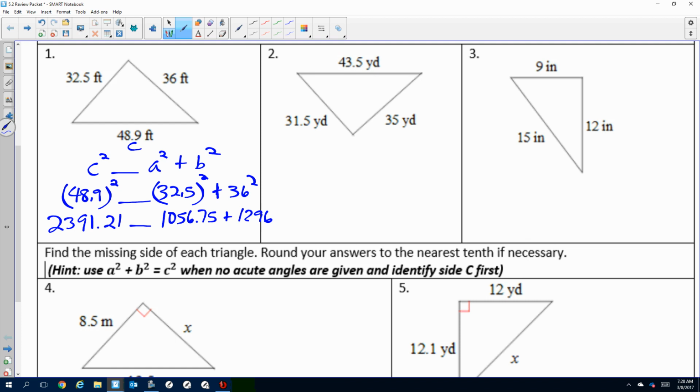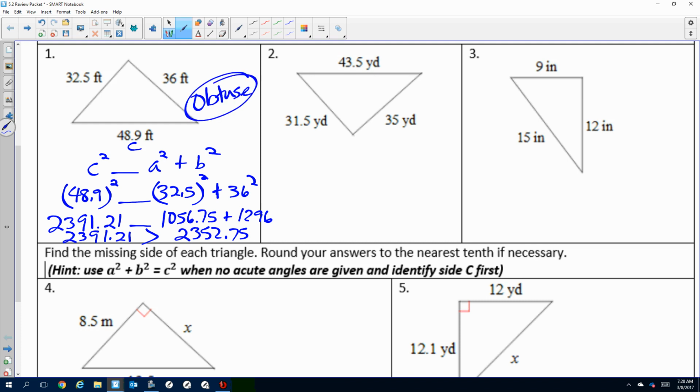If I add those together, this ends up being 2,352.75. Then I'm comparing that to what we had here, 2,391.21. Well, that is bigger. If it's bigger, then we have an obtuse triangle. So the answer is obtuse.